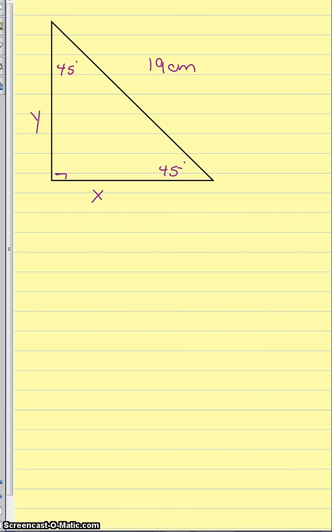Next example. Once again, you're given the hypotenuse. It is 19. Now, after you do several examples, you'll realize that you can just use your ratio instead of plugging into the formulas all the time. And so I know that if I want to get from the hypotenuse to the leg, I'm simply going to take 19 and divide it by the square root of 2, and that's going to equal my leg.